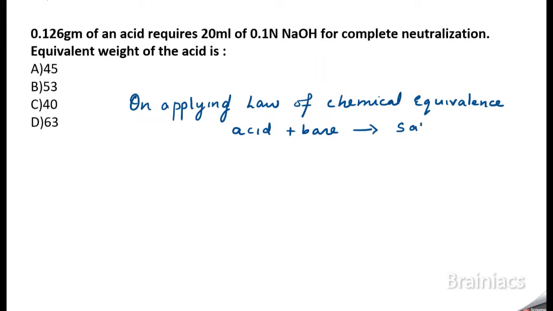Salt. So we can say during law of chemical equivalence, I can say that the number of equivalents of acid will be equal to the number of equivalents of the base, which will be equal to the number of equivalents of the salt. This is what the law of chemical equivalence is stating. The law of chemical equivalence states that the number of equivalents of the reactants will always be equal to the number of equivalents of the products.